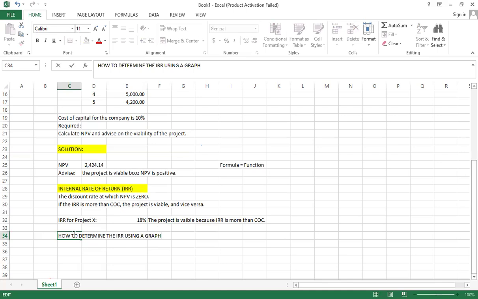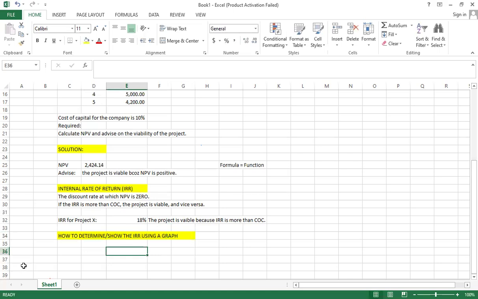Now, this title could also be framed as how to show the internal rate of return using a what? Using a graph. So how to show or determine the internal rate of return, but using a graph.